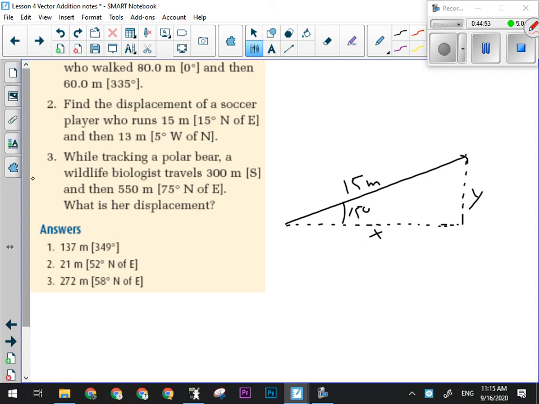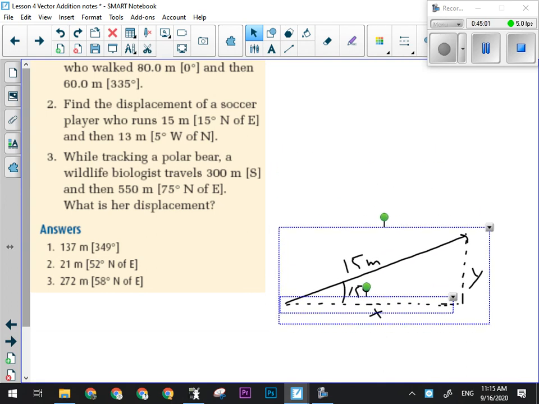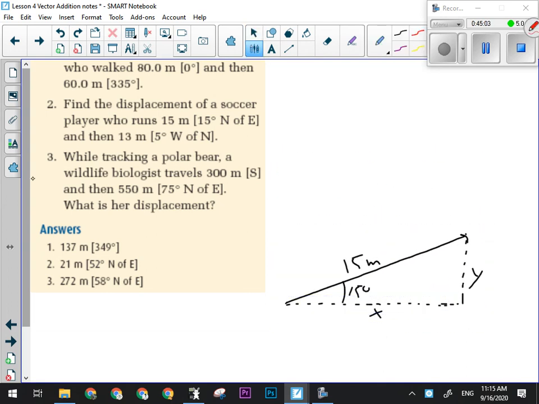Okay, so my reference direction is north this time. And maybe I need to move this whole thing down just a little bit so I don't run out of room. I'm going to draw my reference line north, okay? And this 13-meter line is going to be just slightly shorter than my 15-meter line to preserve my scale. 5 degrees is obviously not much of an angle.